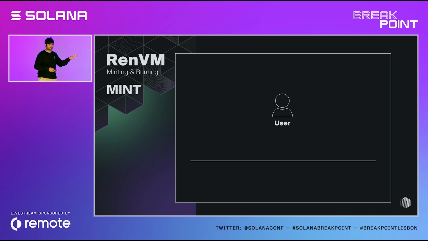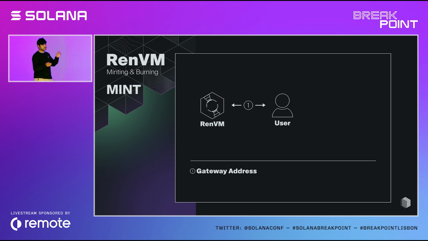Because this is a developer workshop, I'm going to take you through step by step what you do as a user or developer to interact with RenVM. You first interact with RenVM and get a gateway address.